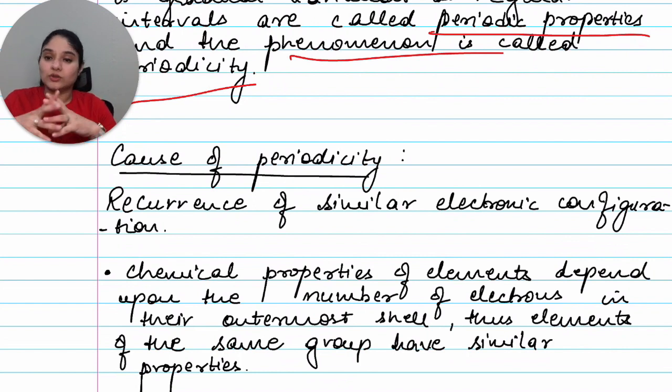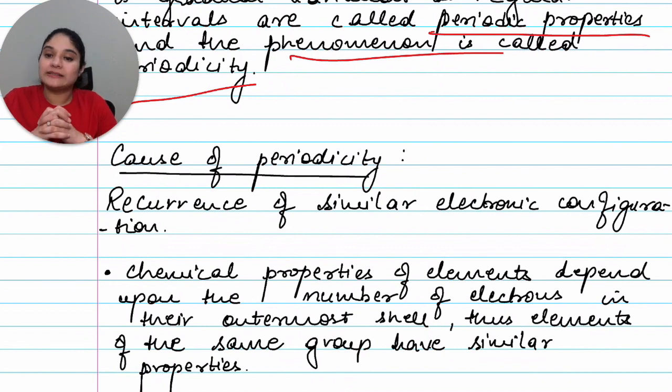So the number of electrons in the outermost shell helps us understand the chemical property of that element, whether it will behave like a metal, whether it will behave like a non-metal, or what kind of property it will show. How do we know that? That is because of the number of electrons in the outermost shell.